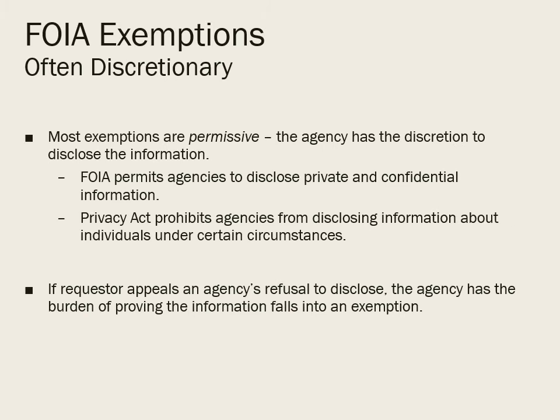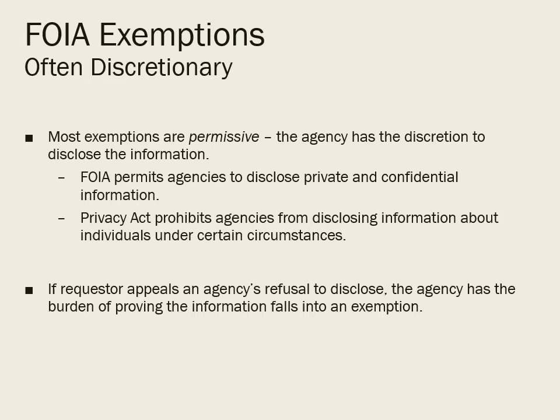Now, most of FOIA's exemptions are permissive. They're not mandatory. So if a permissive exemption applies, the agency has discretion to either disclose the information or withhold the information from disclosure.